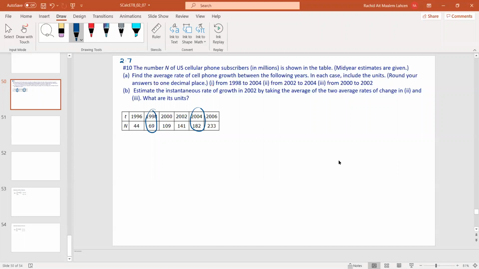If you want to find the average value there, you'll do the value at 2004, which is 182, minus the value at 1998, which is 69, divided by 2004 minus 1998. Then you do that again for 2002 to 2004, and you do it for the third one.